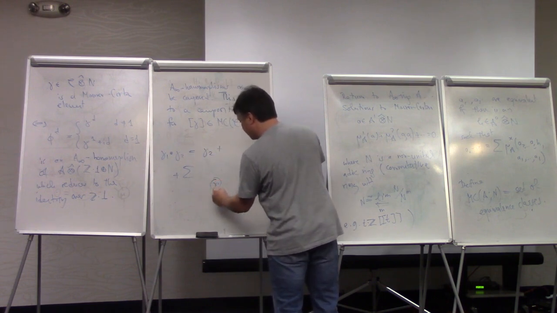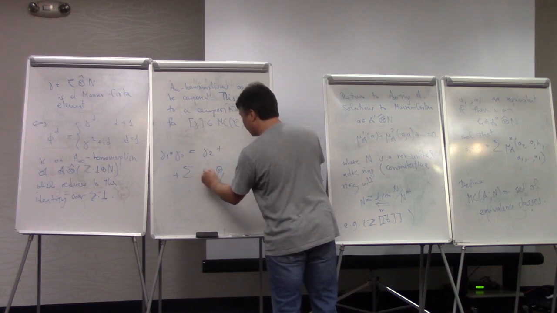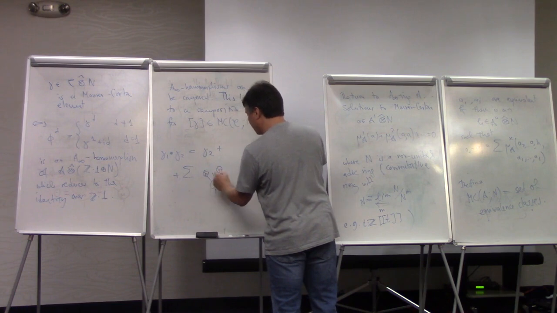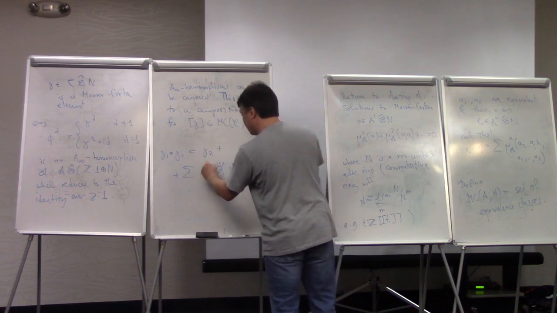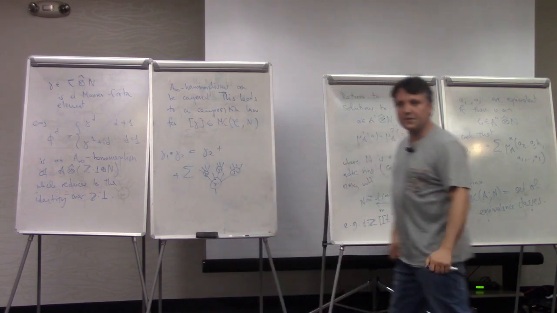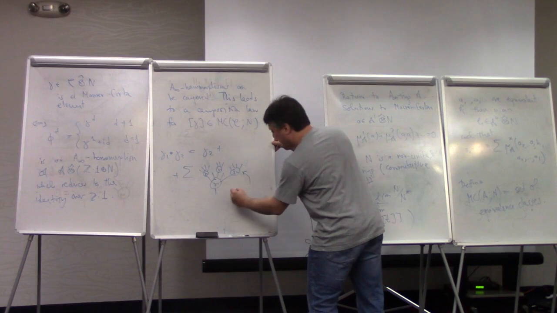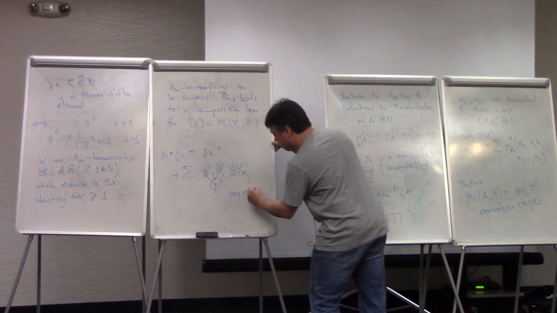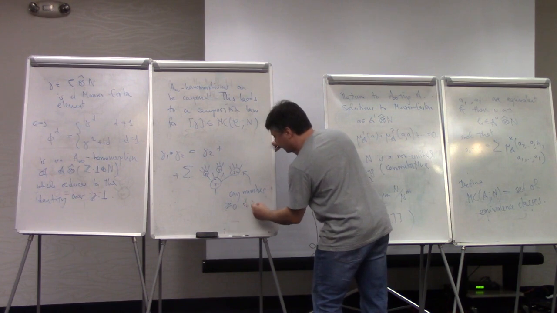So this one here is again in sort of tree notation. You can put in as many gamma 2s here as you want. Okay? So by the way, any number greater than or equal to 0 of gamma 2s.